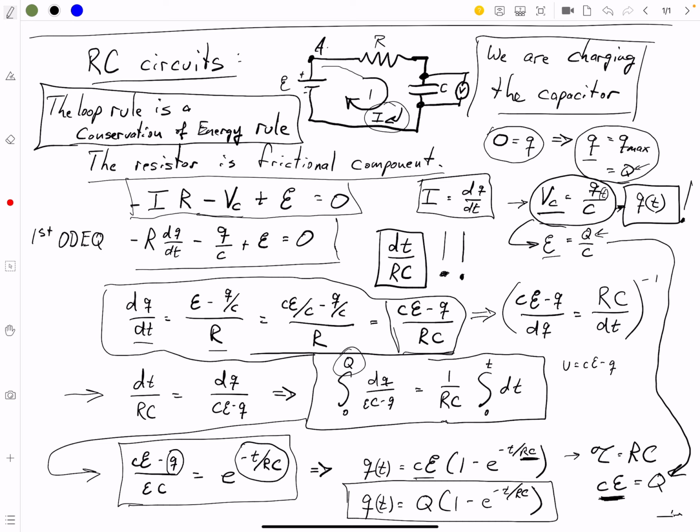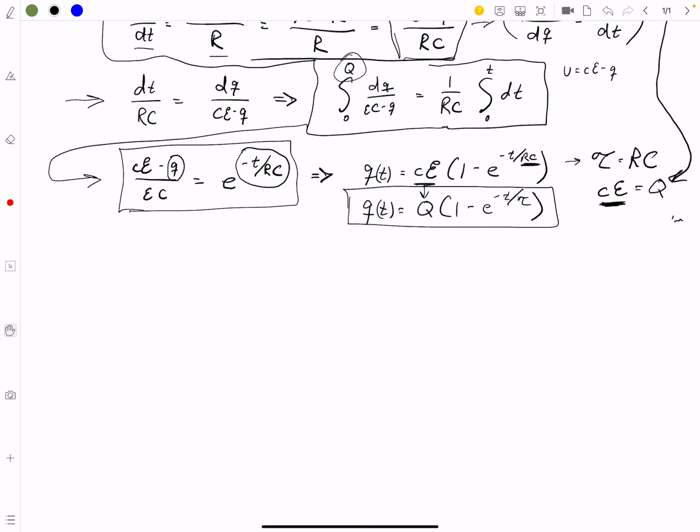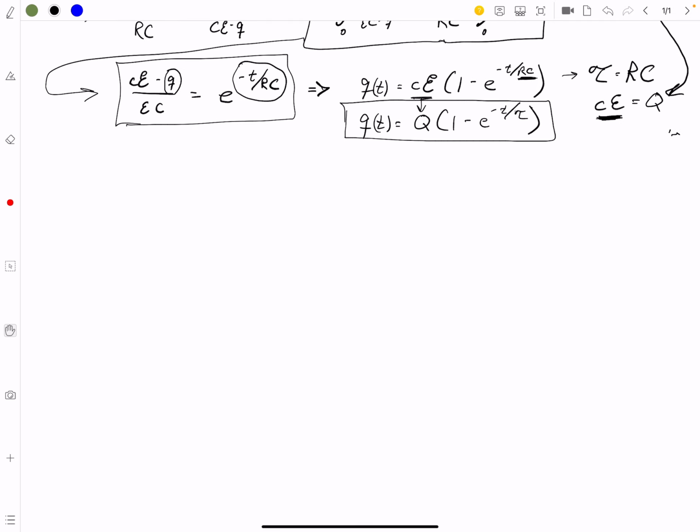So our capacitance times the EMF gives us our Q, and we can put our time constant in right there, tau. All right. Sweet as punch. So we have this q of t, all right? That's nice, right? It's a really helpful thing because now we can start looking at our current.